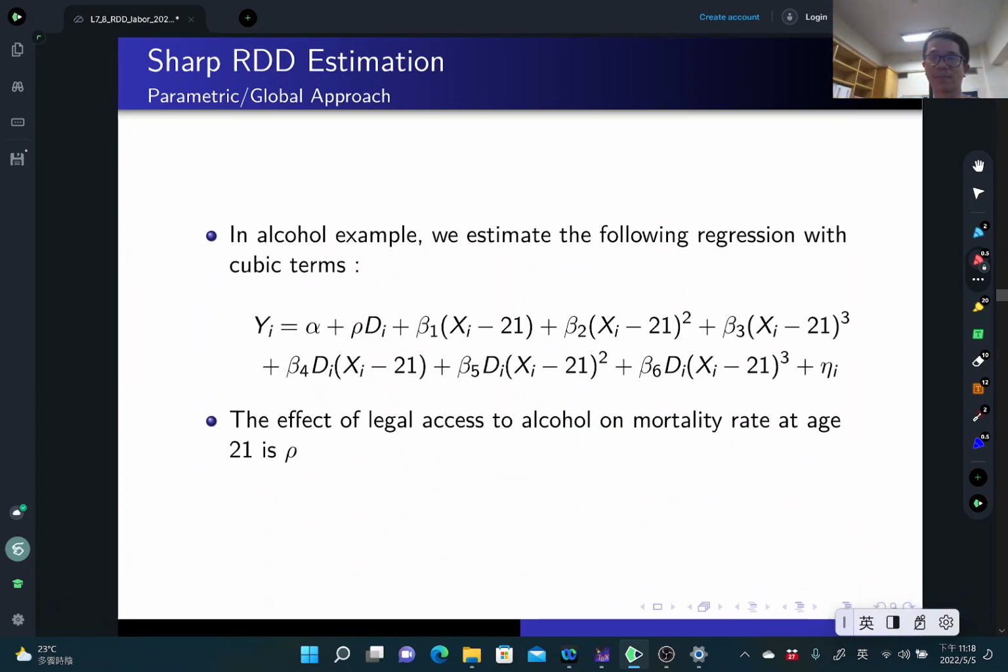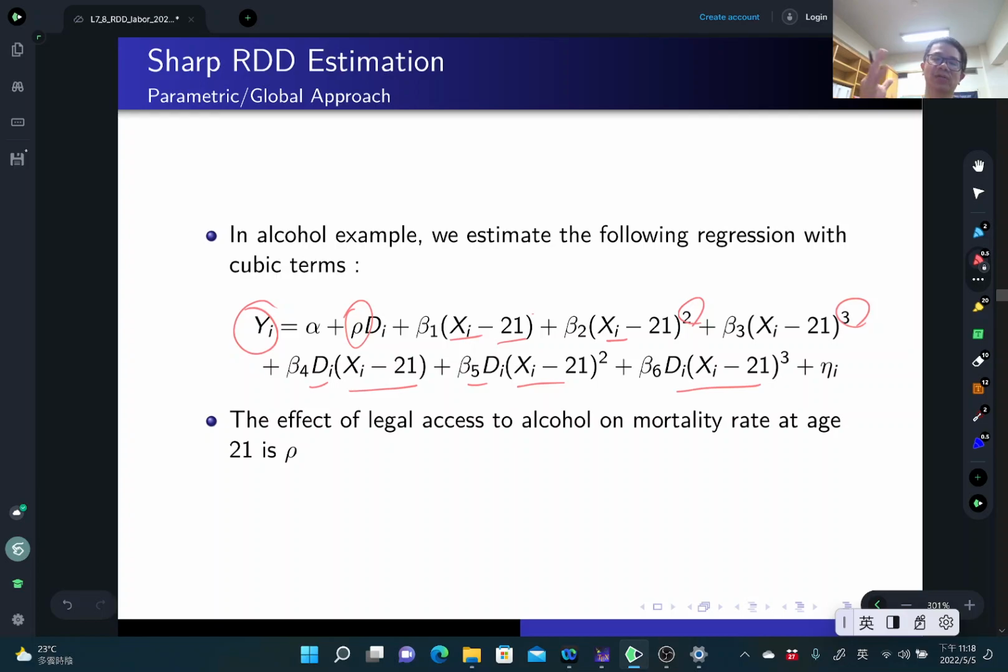So in our example, we will estimate the following regression using the cubic term. We look at mortality, whether you die or not, based on your age, and we subtract the cutoff, that means minus 21, and we use third-order polynomial terms interacted with x. That's the typical case, and we want to focus on rho.